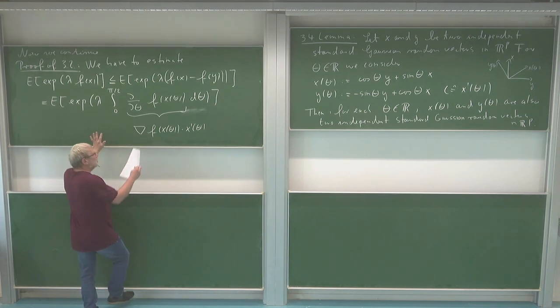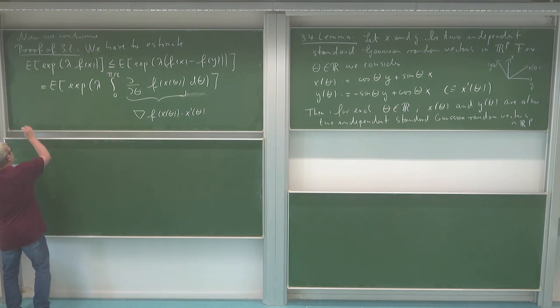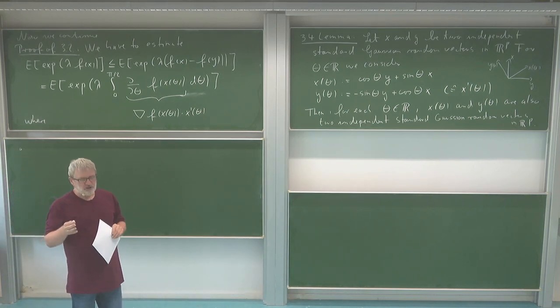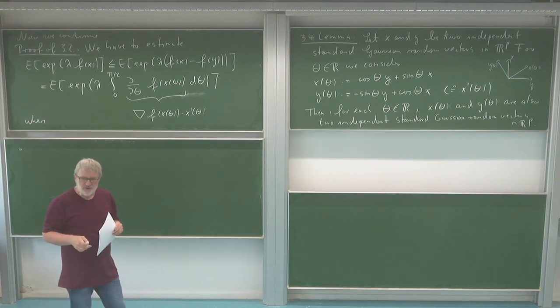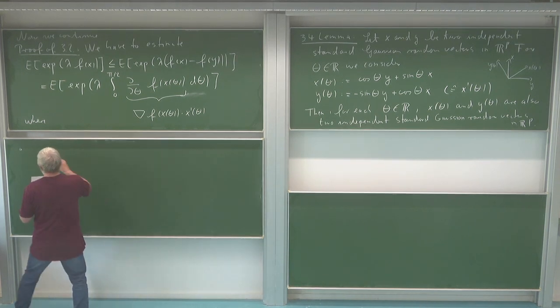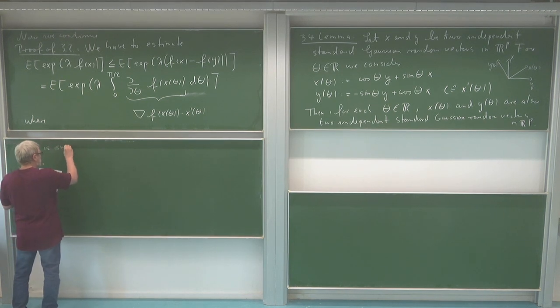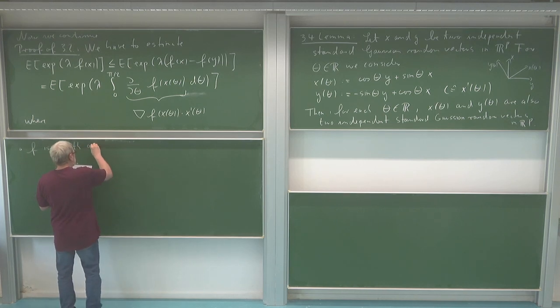And let me recall all the objects which we have here. First, our f. F, of course, is a Lipschitz function, but we also assumed it is smooth, and this means we have an assumption about the gradient. Without restriction, we can reduce the general situation to the smooth situation.